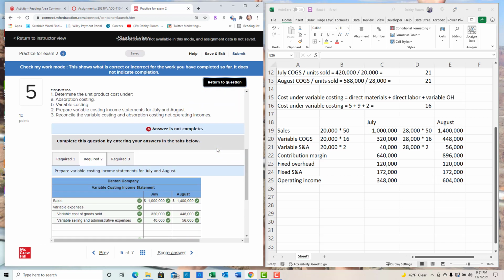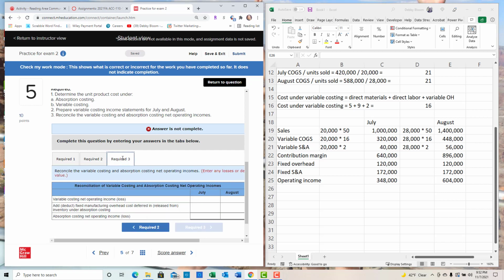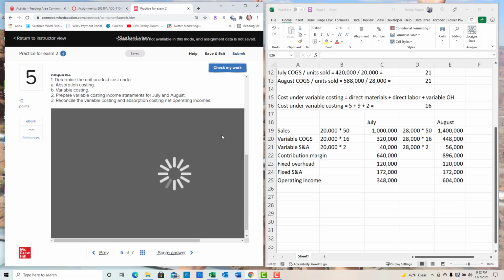Now in requirement number 3, we're just supposed to reconcile the variable costing and absorption costing net operating incomes. So let's go to requirement number 3. In July, our variable costing operating income, we still have it on the board here, is 348,000.